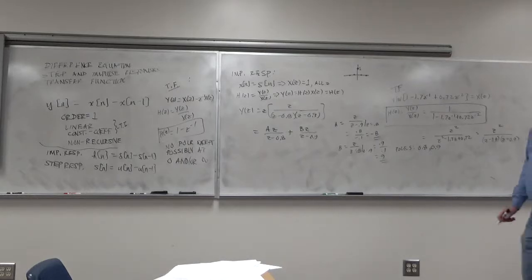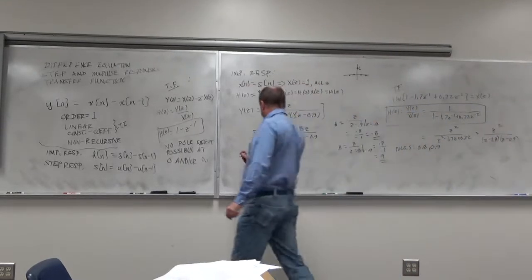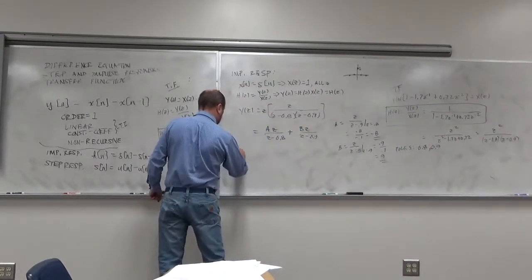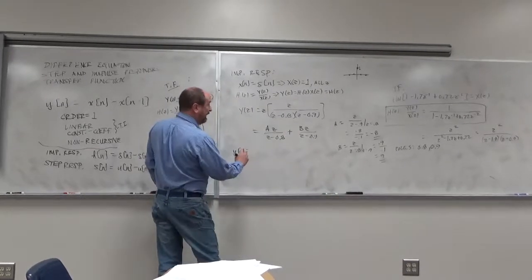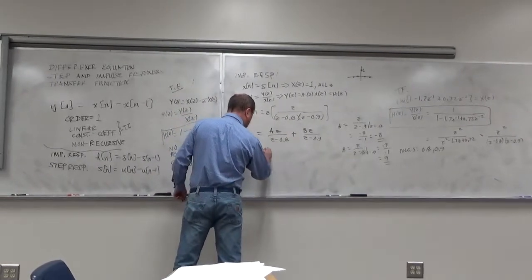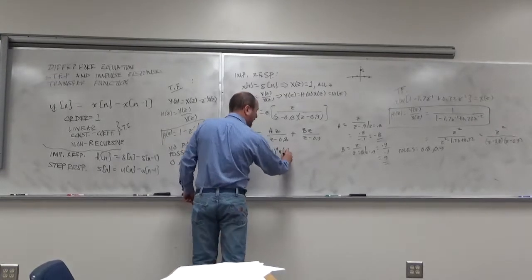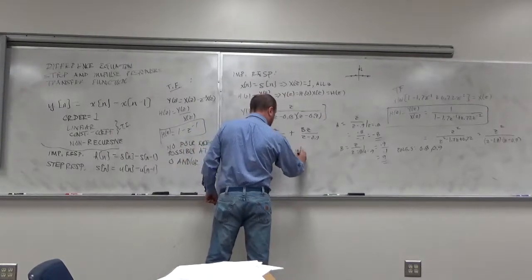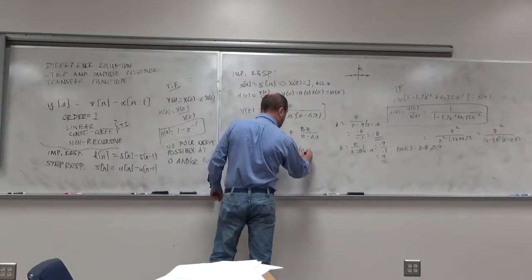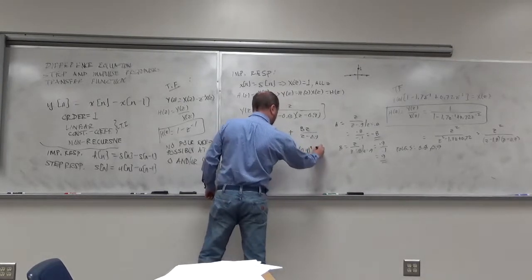Okay, so our answer is this. y of n is A, and A is negative 8, so it's negative 8 times 0.8 to the n u of n, plus 9 times 0.9 to the n u of n. There's our answer.